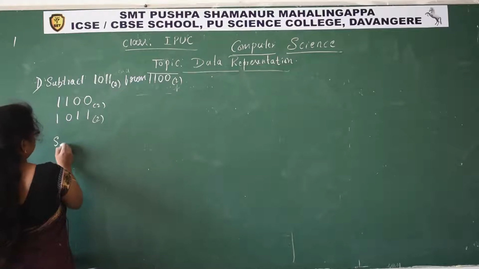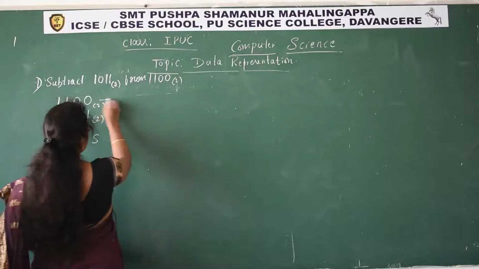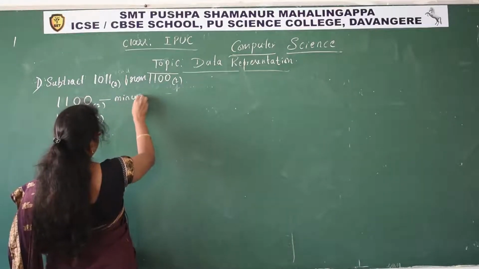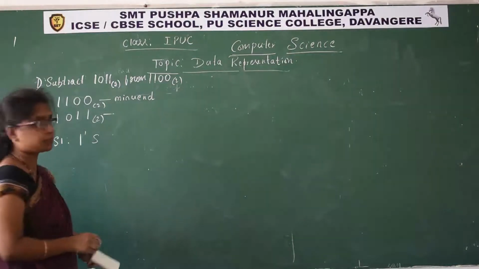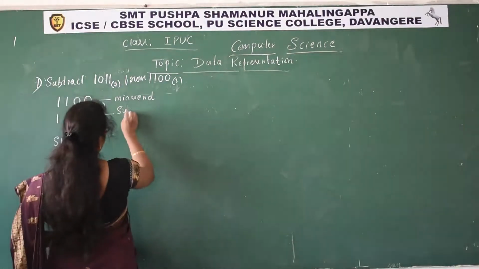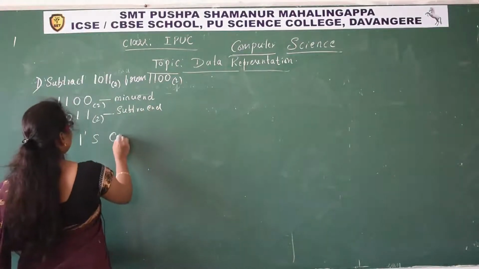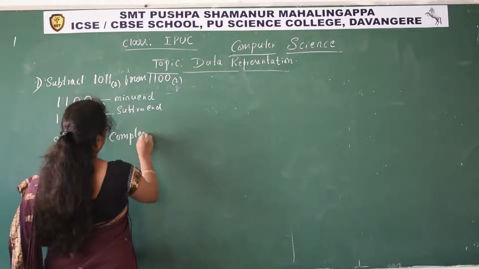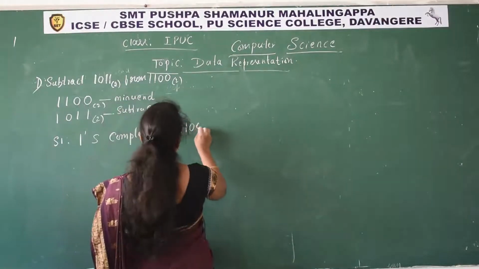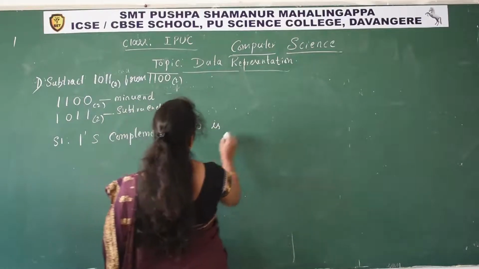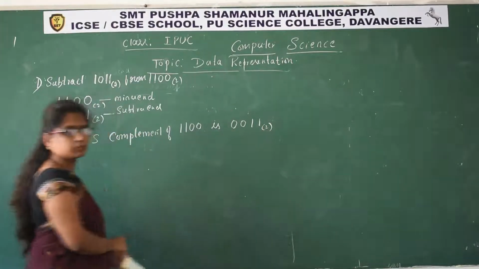Step 1: one's complement. This is the minuend. It is very important, while writing, to identify which is the minuend and which is the subtrahend. The one's complement of 1100 is 0011 base 2, isn't it?